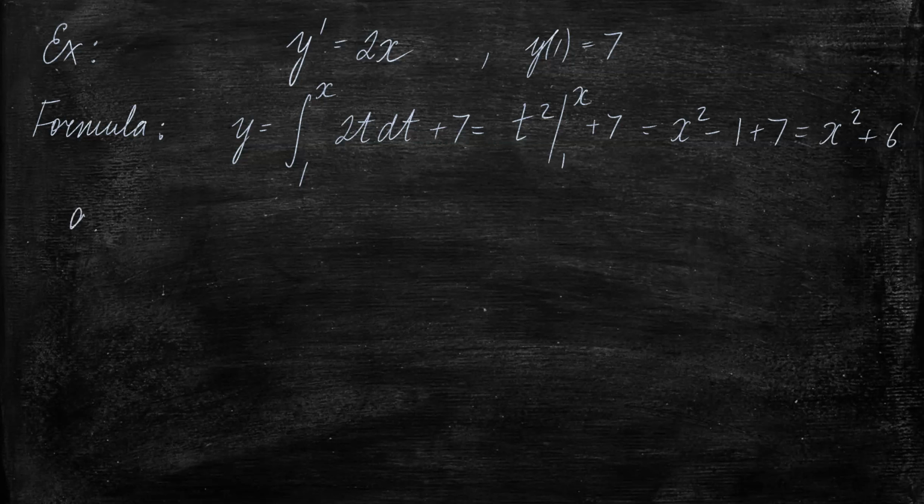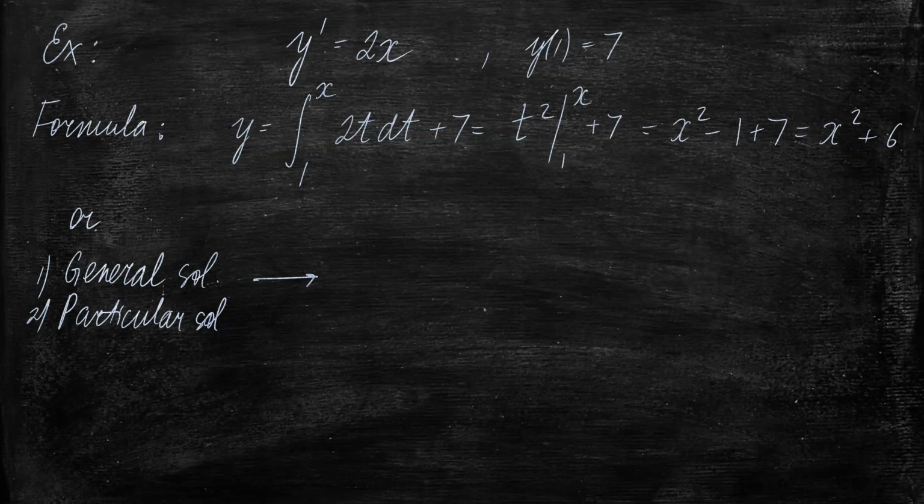Or alternatively, we can use the two-step process by finding the general solution and then finding the particular solution. So in step 1, we find the general solution by integrating 2x dx.